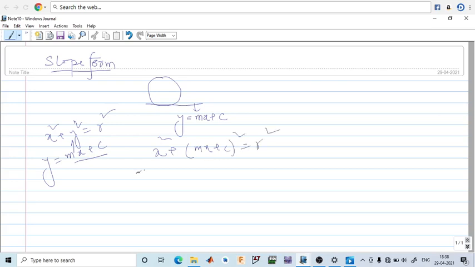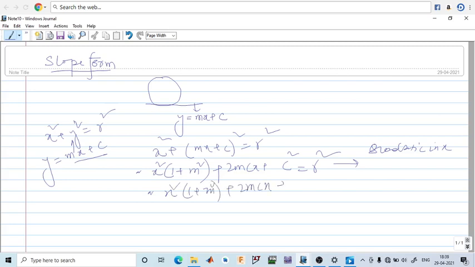If we calculate, you will get this quadratic in x: x square (1 plus m square) plus 2mcx plus c square minus r square equals 0.